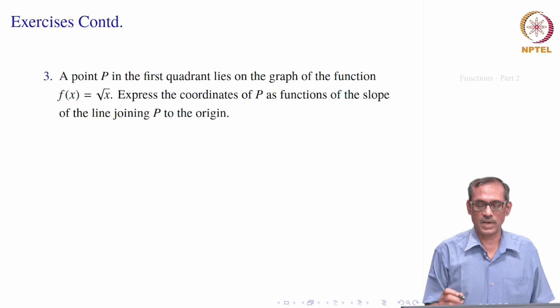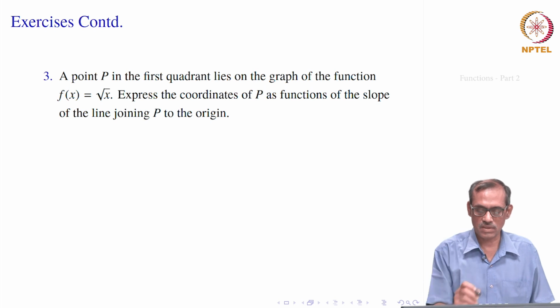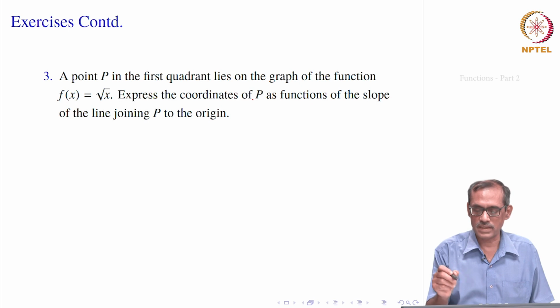Say point P in the first quadrant lies on the graph of the function f(x) equal to root x. So, if you know the graph of f(x) equal to root x, then express the coordinates of P as functions of the slope of the line joining P to the origin. We are asked to find the coordinates of P. So, P will be a point, say (a, b), two numbers, which should be expressed as functions of the slope of the line joining P to the origin.